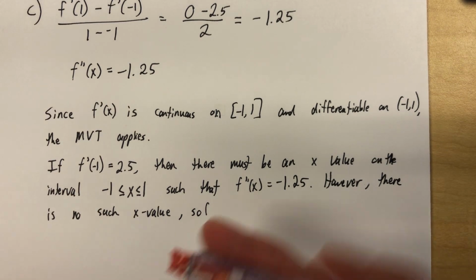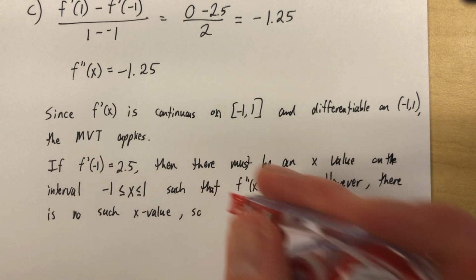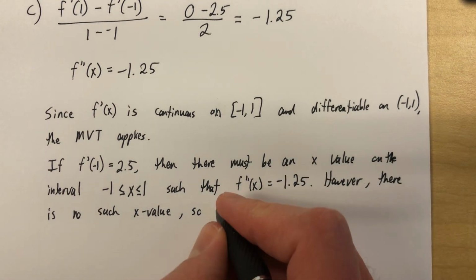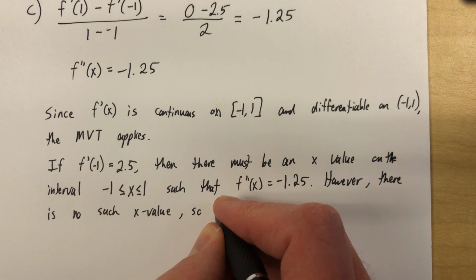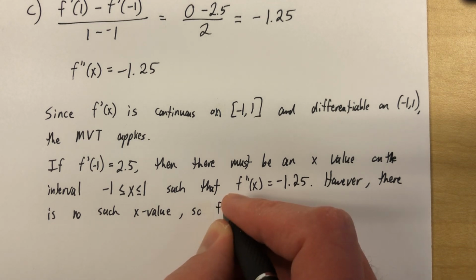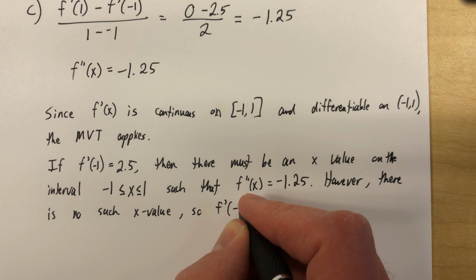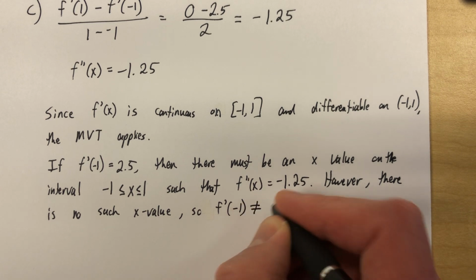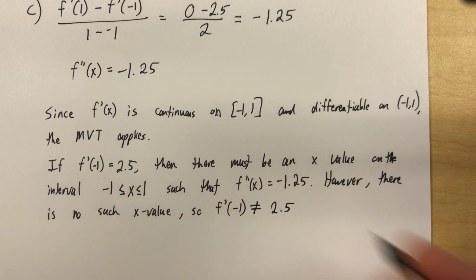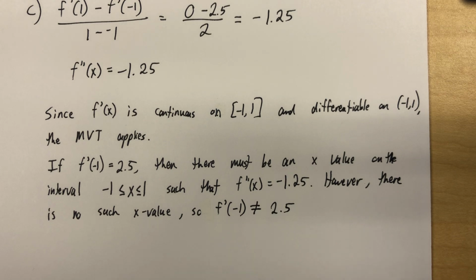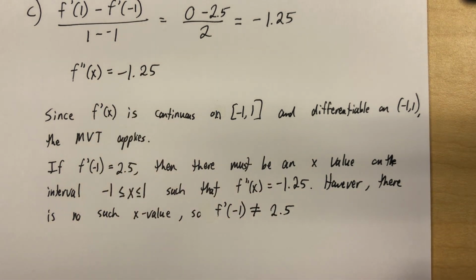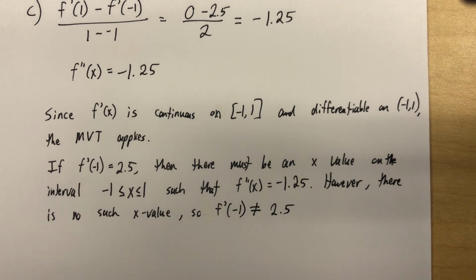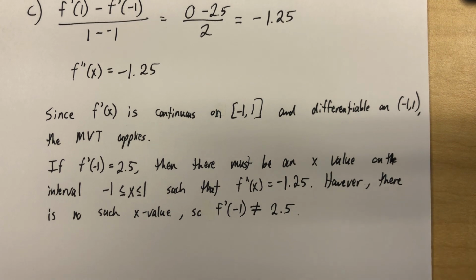So F prime of negative 1 cannot equal 2.5. So we basically went through the mean value theorem and said, hey, this must work. Oh, wait, no, it doesn't. So therefore, that original assumption is not true. There we go. That was fun.